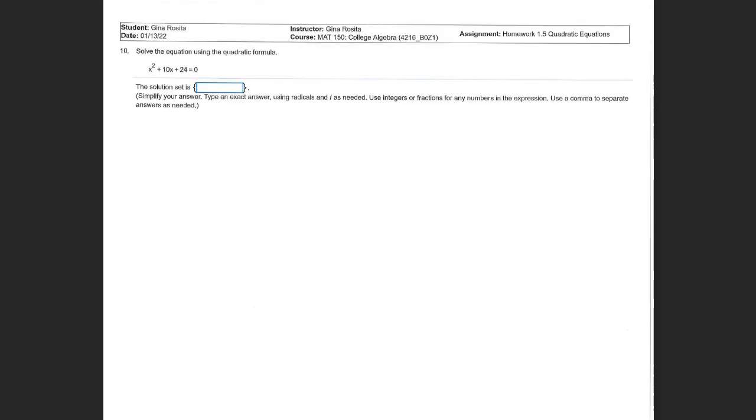Okay, now go to the next one. Number 10. Solve the equation using the quadratic formula. Remember again the general quadratic equation: ax squared plus bx plus c equals 0.